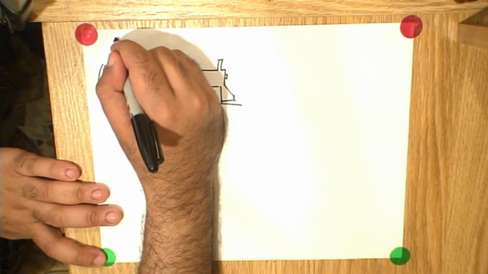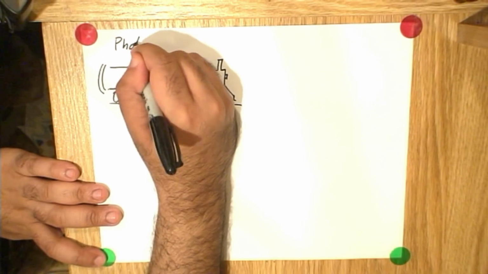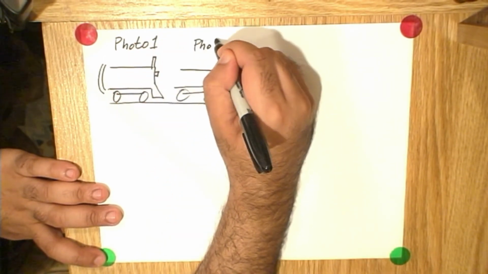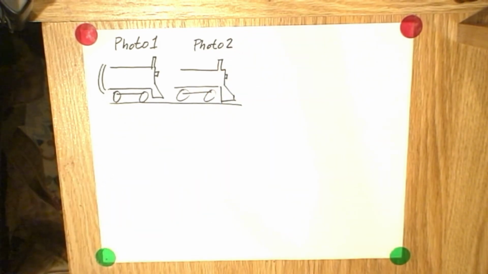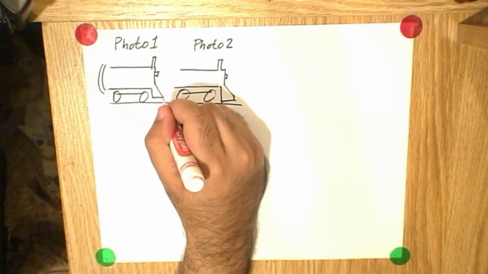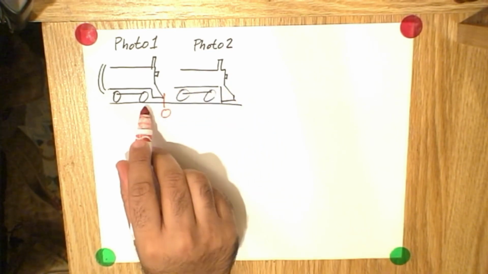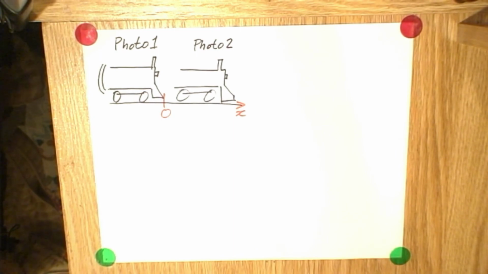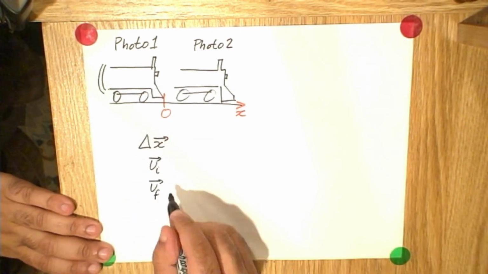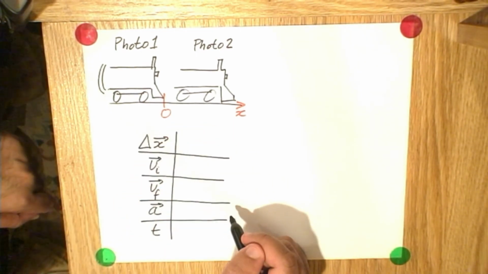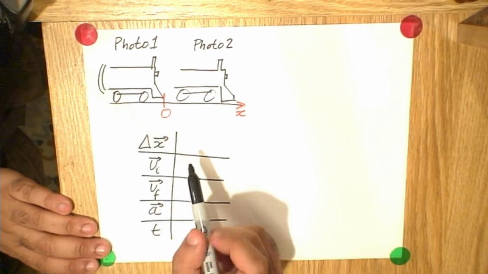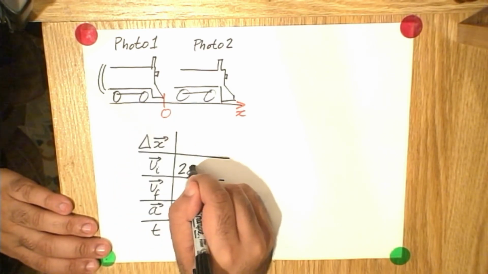So, this is photo 1, when it's moving at 28, and this is photo 2, just as it comes to a stop. I will set my origin to be the front of the cowcatcher, and I will set rightwards as positive. Now, we were told that the initial velocity of the train in photo 1 is 28.